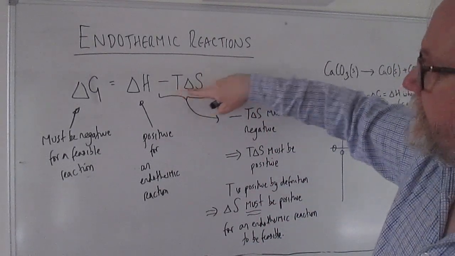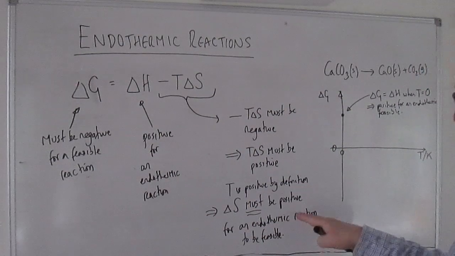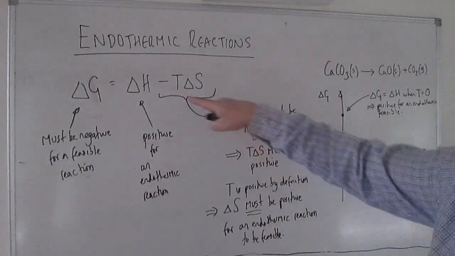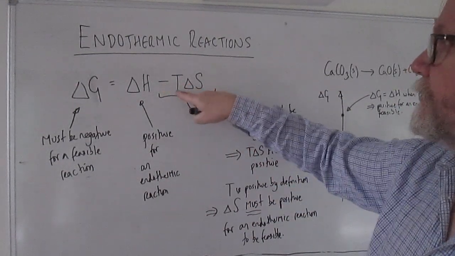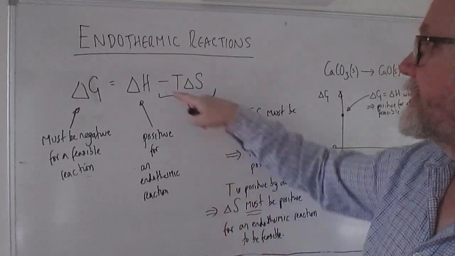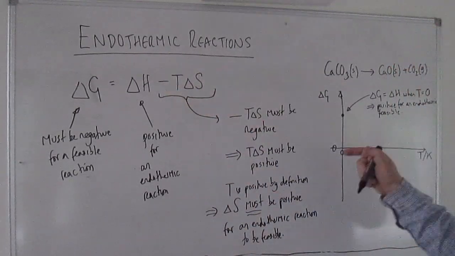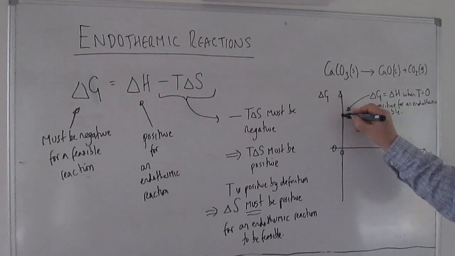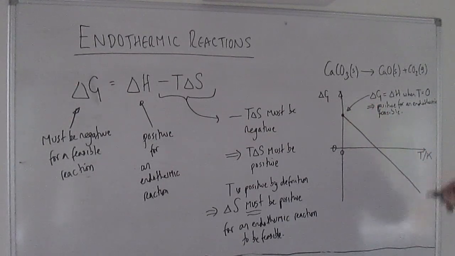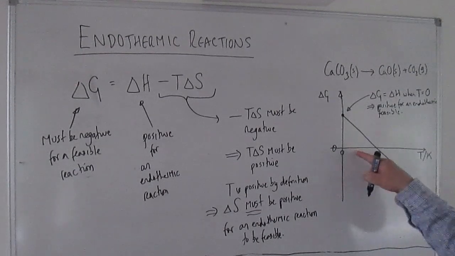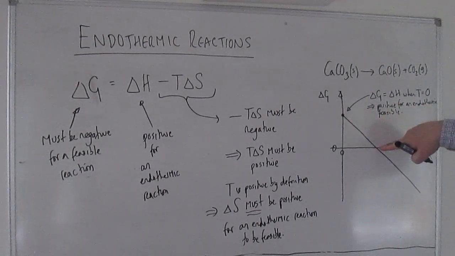T is positive, and we've said delta S must be positive for an endothermic reaction, so we're subtracting a positive number times a positive number. In other words, we're subtracting a positive number, and that means delta G will decrease as the temperature rises. And you can see there comes a point when it crosses the line.